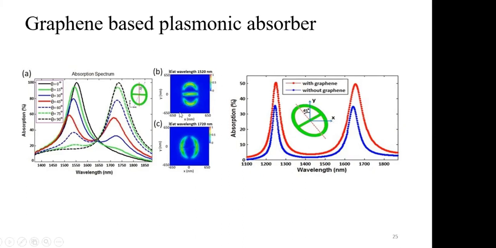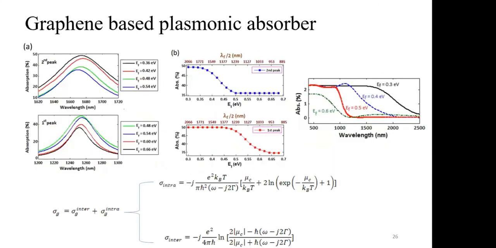And after that, we put a layer of graphene on the surface, and it is the red curve, as you see here, to increase your absorption from the structure without graphene to with graphene. Now we test the potential of graphene.